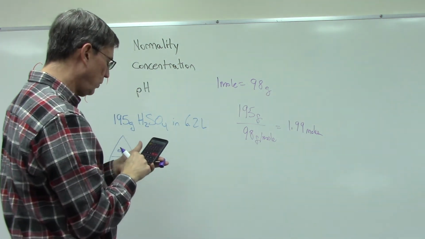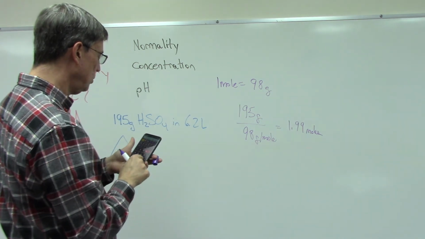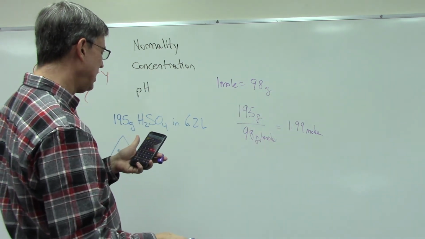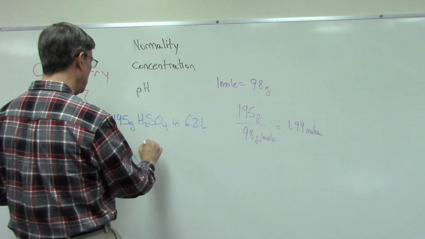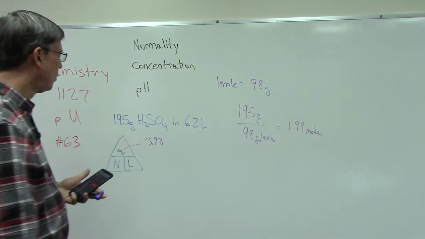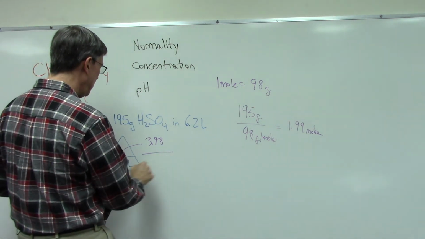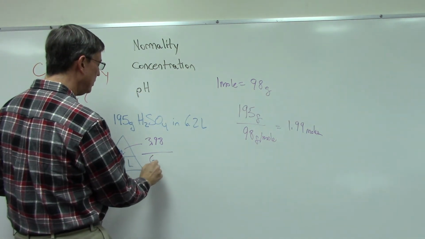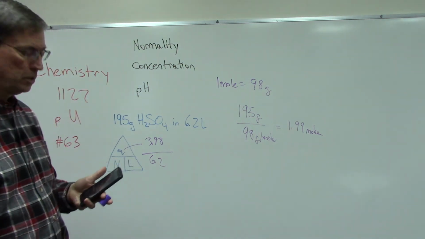So I'm going to take that times 2 and get 3.98. So 3.98 is the number of equivalents. And then I'm going to divide by the number of liters, which is the 6.2, all right?